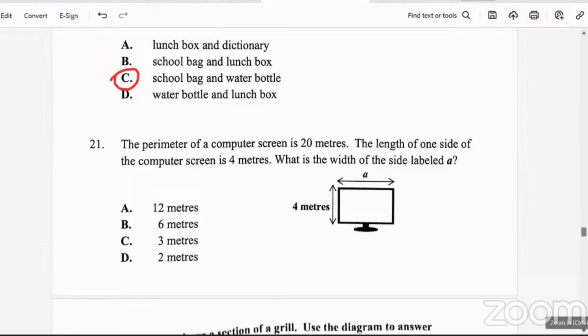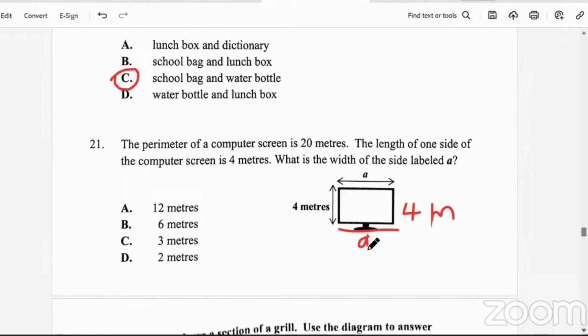We know that this computer screen has 4 sides, and all 4 sides should give us 20. Now, we know that the opposite sides would be equal, so this would also be 4 meters. And then this side down here would be A.